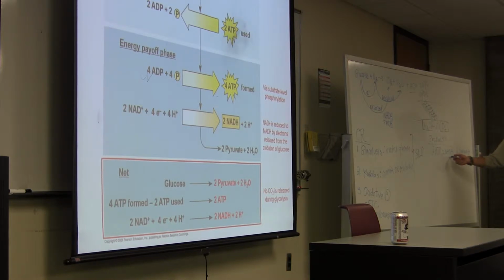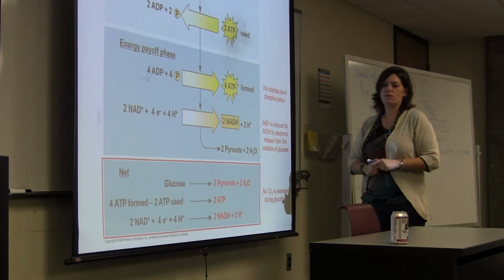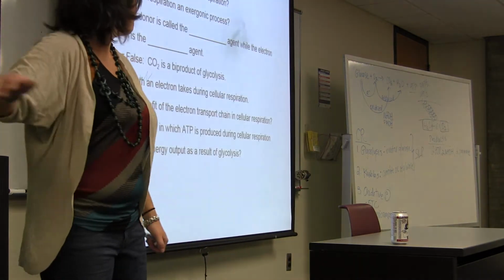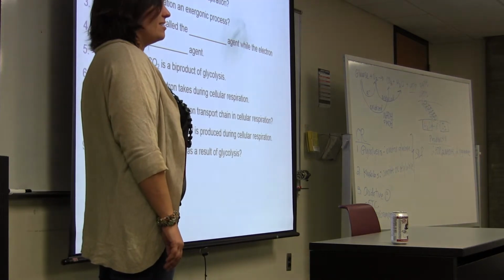Once you remove them from glucose, you have to give them to these electron carriers. And then finally, you're also going to generate the 2 pyruvate, which is the immediate result of breaking that glucose molecule in half. Okay, that was glycolysis in like 5 minutes. All right.